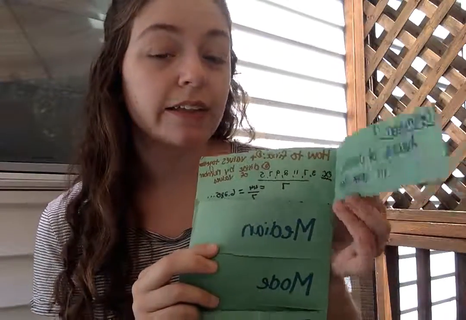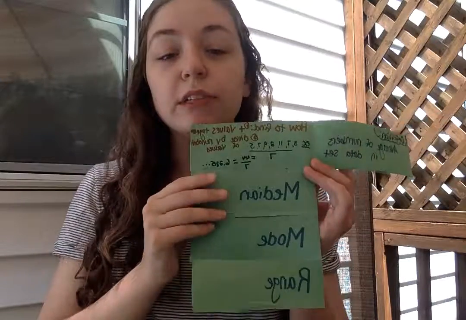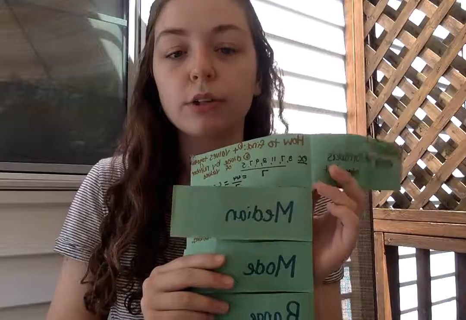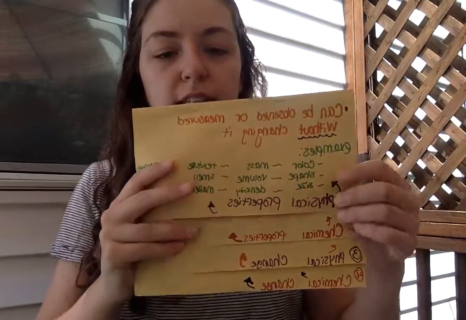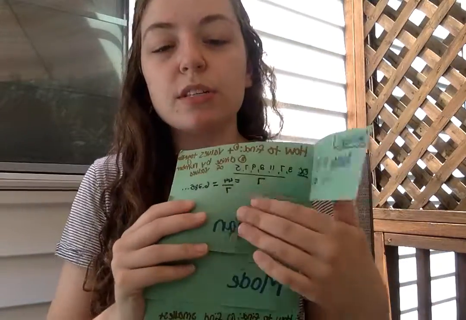So I really like this 4-door foldable. The other reason I really like it is it has a tactile and visual aspect to it where you can flip open, but it also allows your brain to focus on one thing at a time. You get to flip up and focus on one at a time. That's really why I like it. Students don't get overwhelmed by just opening it up and having all this writing.